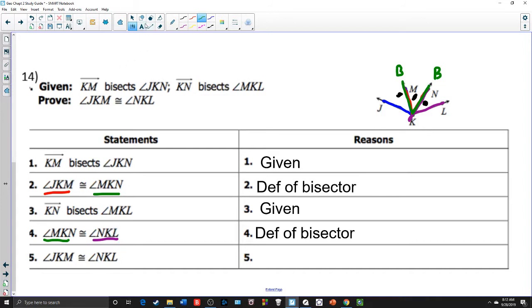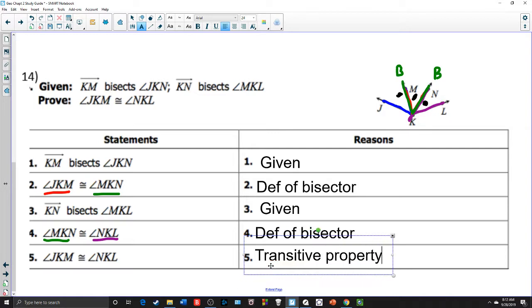And that's a clear-cut case of transitivity because you have three congruencies going back to back to back. So transitive property. If you want to put POE, you can as well. Actually, it'd be probably POC because it's a congruency, but either way is fine. So that would be how this proof goes.